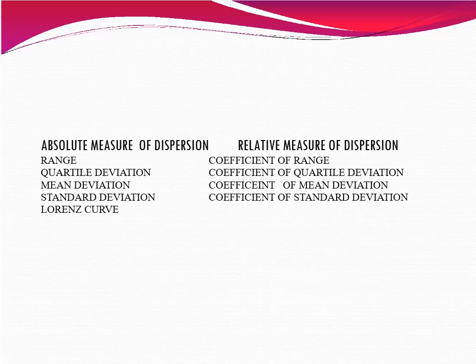Under absolute measures of dispersion, we will study range, quartile deviation, mean deviation, standard deviation, and Lorenz curve. Under relative measures of dispersion, we will study coefficient of range, coefficient of quartile deviation, coefficient of mean deviation, and coefficient of standard deviation.